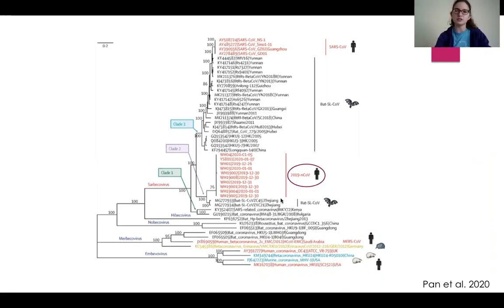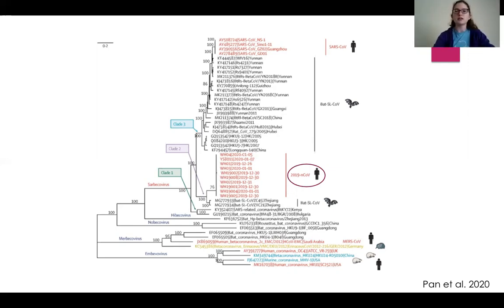So if you look at this tree, where they've sequenced a bunch of coronaviruses, you can see that the human patients with coronavirus fall very close to the bats with this coronavirus strain. You can see that they share a most recent common ancestor that's before any other types of animals are in this tree. And this allows us to infer that the coronavirus we are dealing with right now originated from bats.